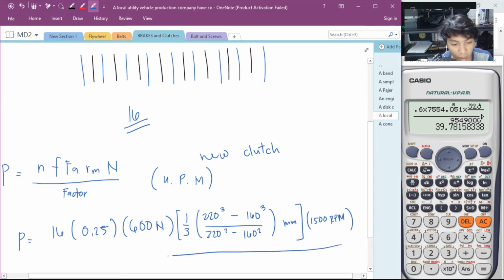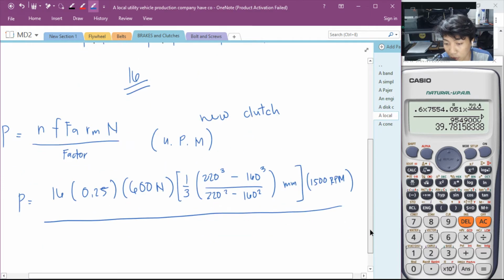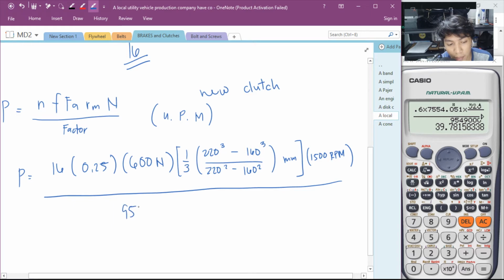And then, divide mo ng factor. That is 9549123 Newton millimeter RPM divided by kilowatts. Kaya lang ang kailangan natin dito is HP.